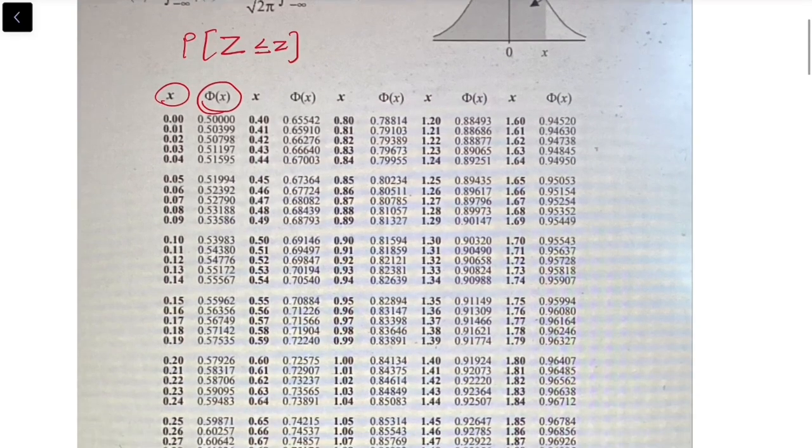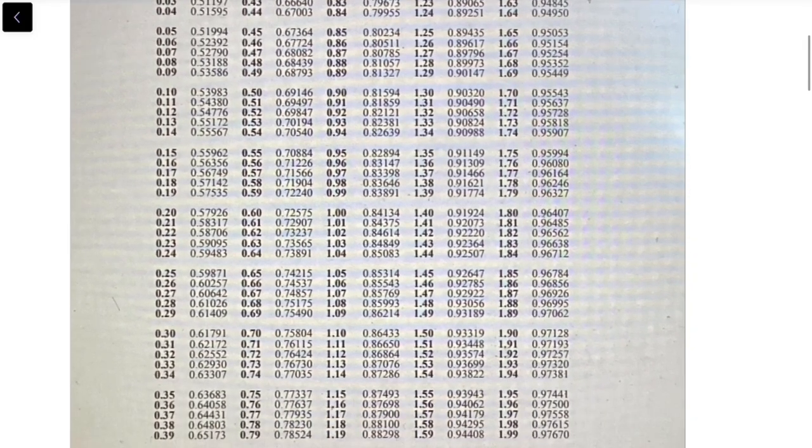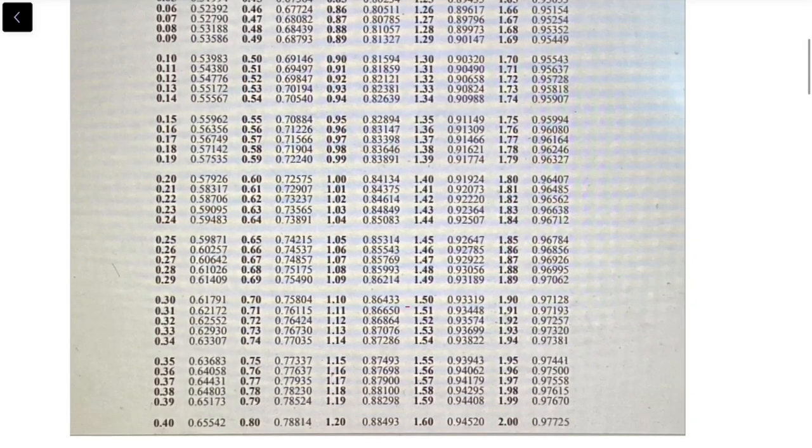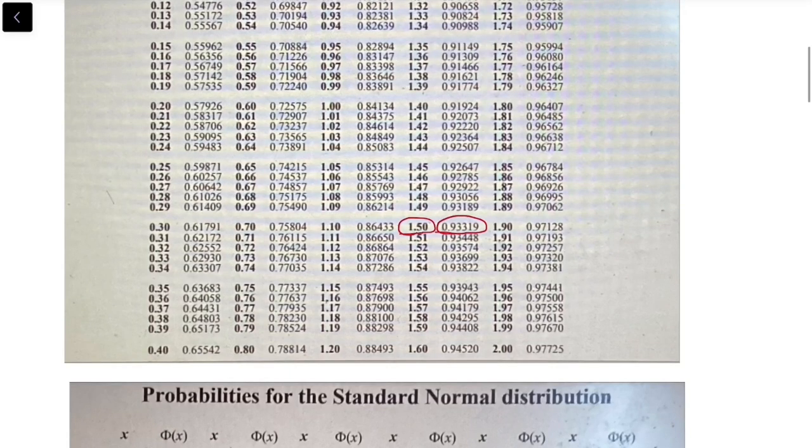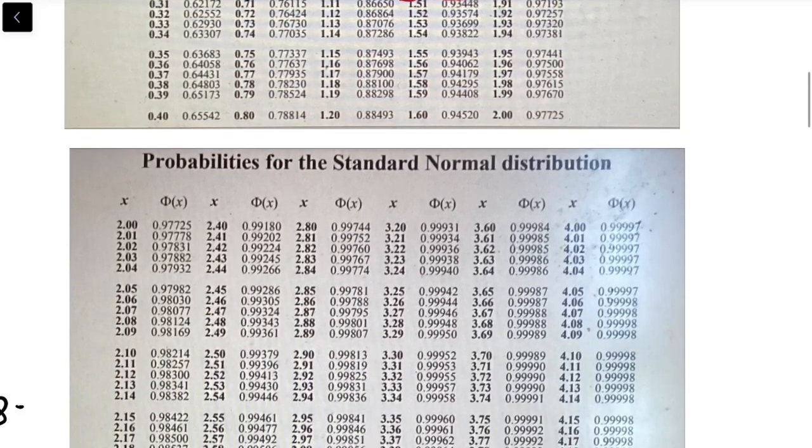So let's look for 1.5. Here you can see this is 1.5 and this is the probability, 0.93319. And x equals 2: here you can see x equals 2 and this is the probability, 0.97725.